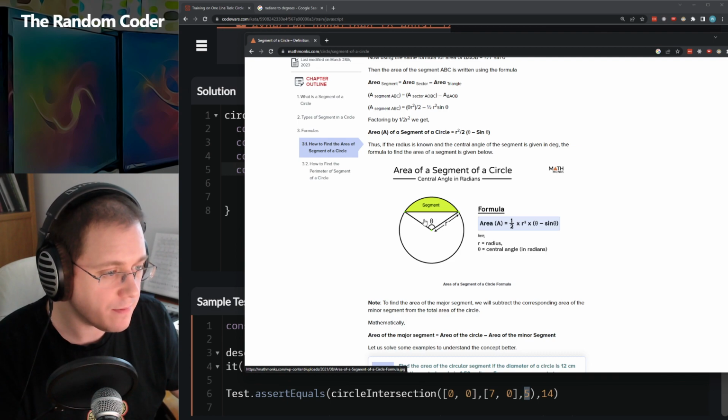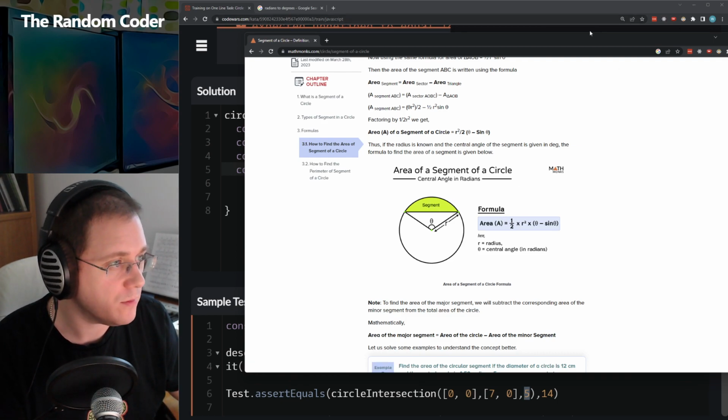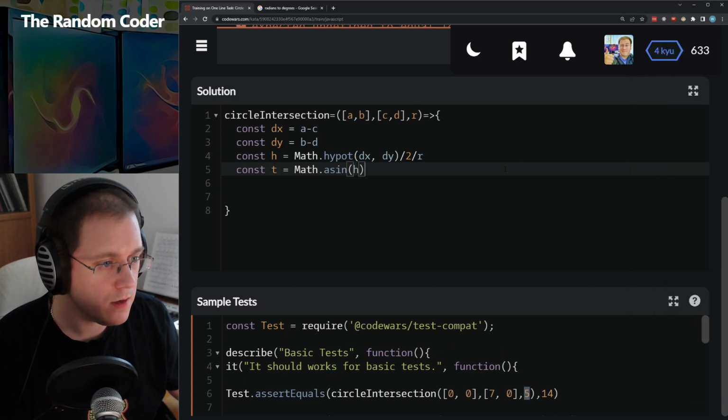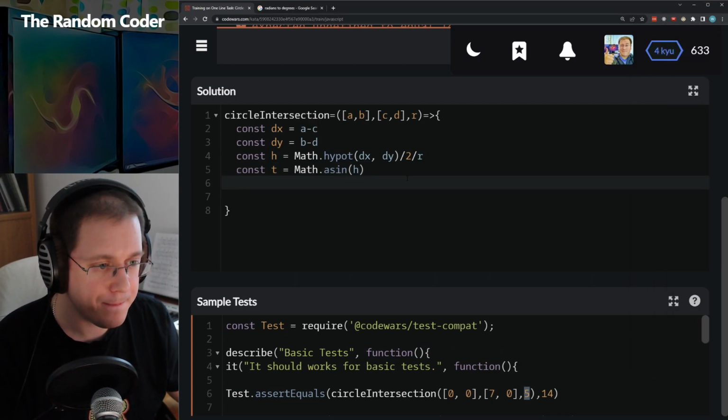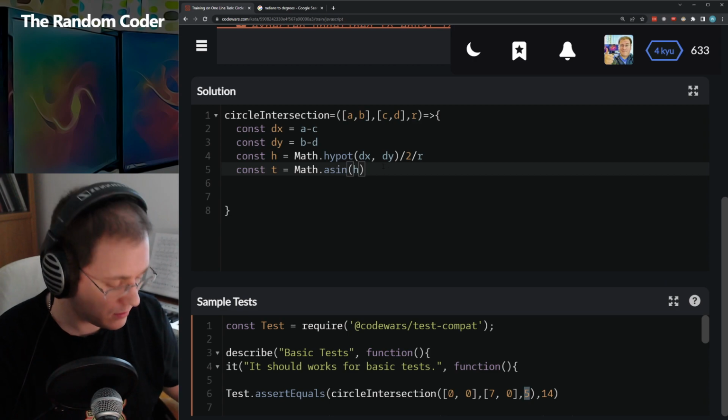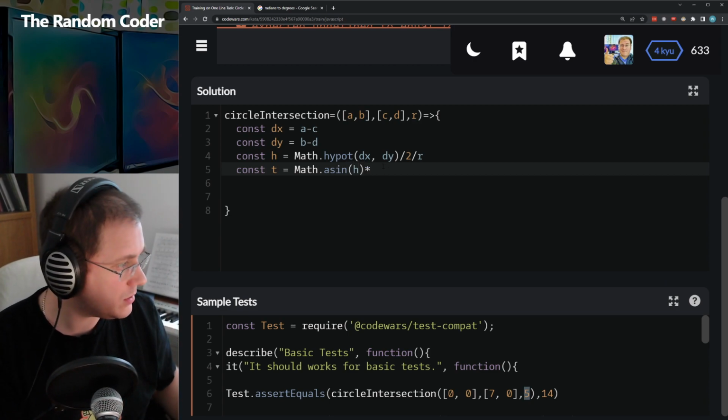So we want to double it to get the full internal angle for that sector, so that we can calculate the segment using that formula. So, cool. So we want t times 2.